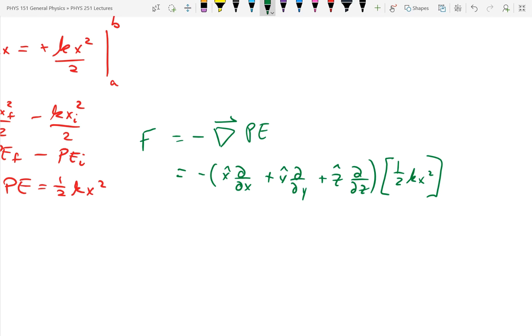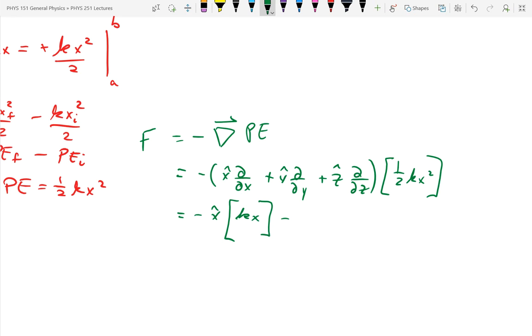What is the partial derivative with respect to x of 1/2 kx squared? You bring down the 2. 2 over 2 is 1, so you said kx.